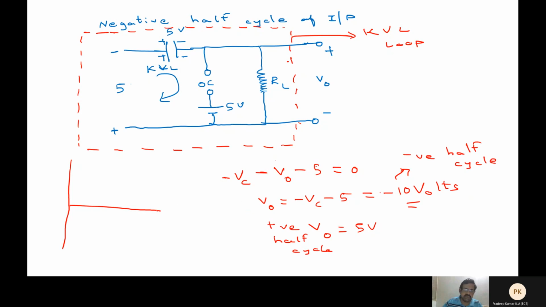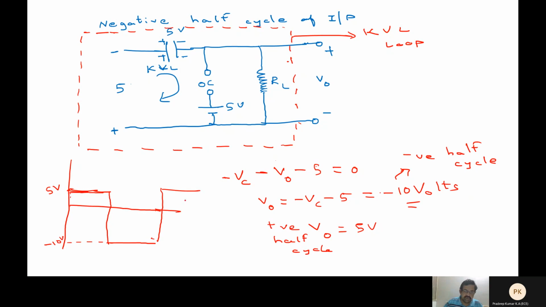There it has come to minus 10 volt, and in the positive it has come to plus 5 volt. Assume that I have drawn it reasonably to scale. The scaling is to be perfect, but at least I will write the values here. This is plus 5 volt and here it is minus 10 volt.